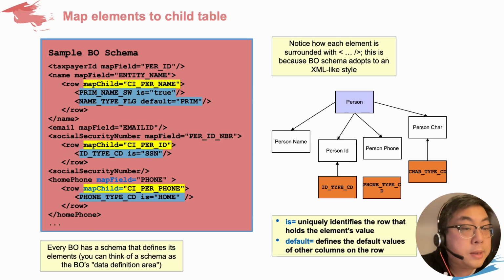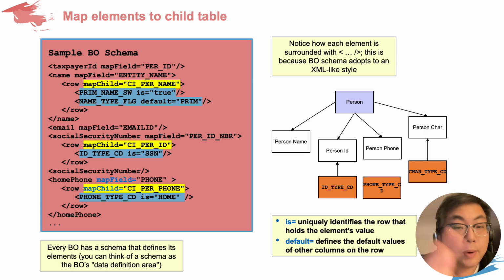So in this case, we want to map the fields in the child table column. If we look at the example here, we are trying to map three attributes to three different child tables using map child.